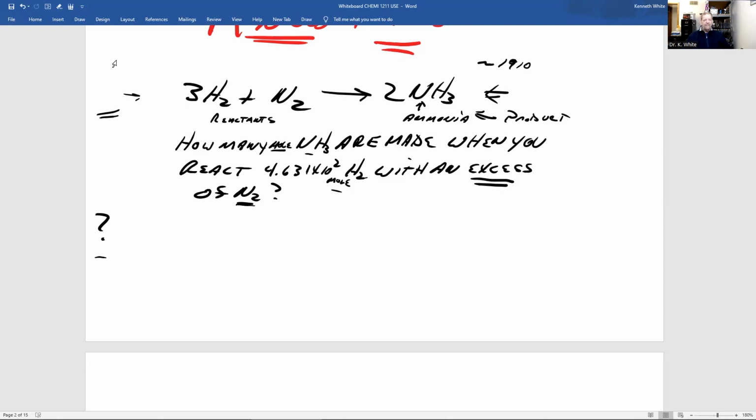All right. What are you being asked to find? How many moles of ammonia? What are you given? How many moles of hydrogen gas? You're also given this balanced chemical equation.